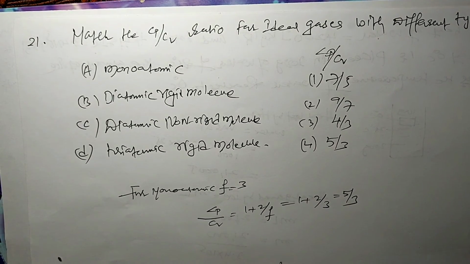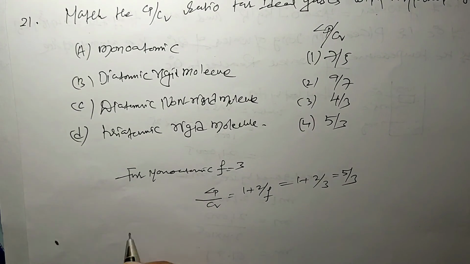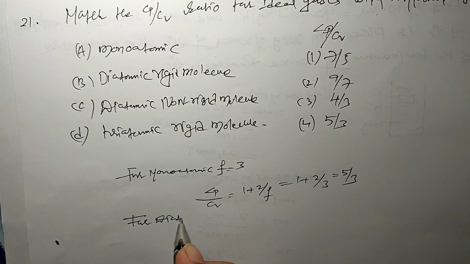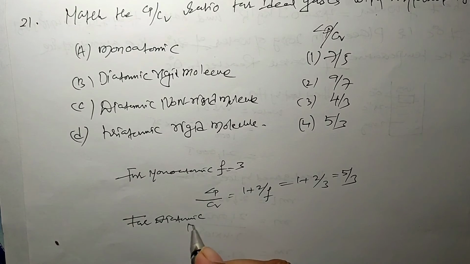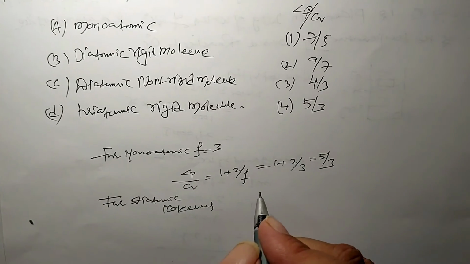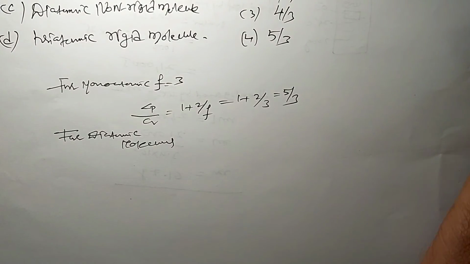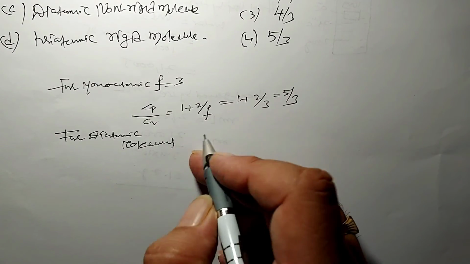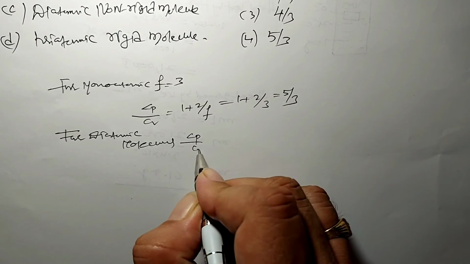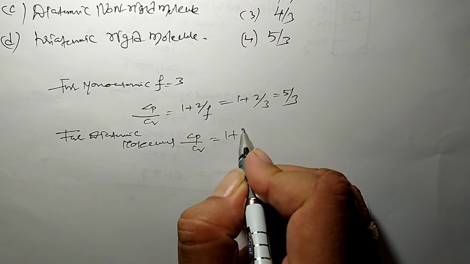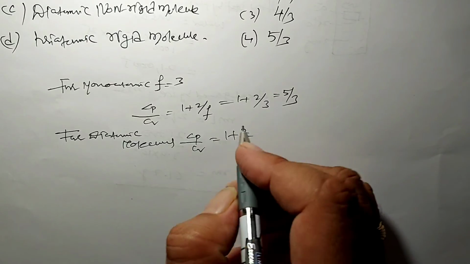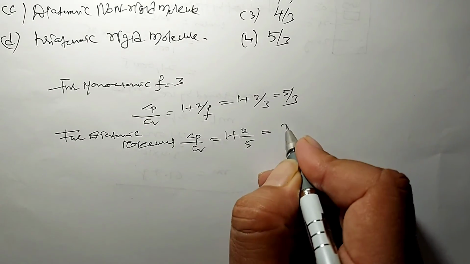For a diatomic rigid molecule, Cp by Cv is equal to 1 plus 2 by the degrees of freedom, which for a diatomic molecule is 5.